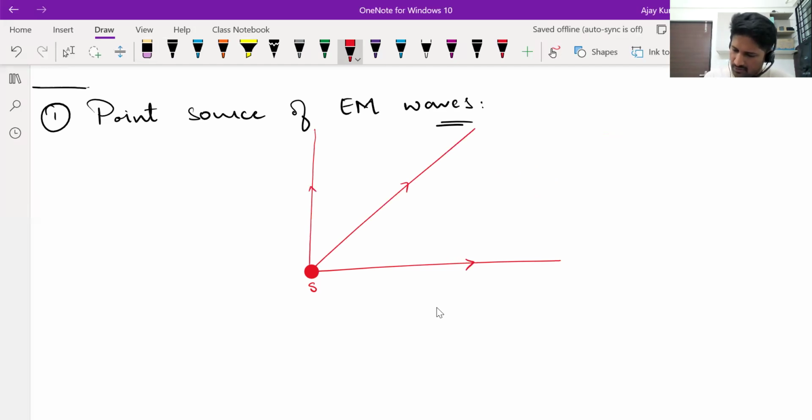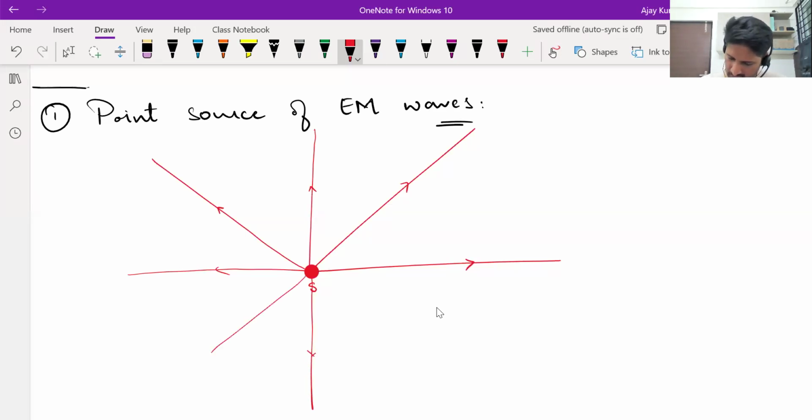Why should there be a preferred direction for a point? It will not be there. So the radiation will be distributed uniformly in all directions. Whatever energy it emits, it spreads out uniformly in all directions.